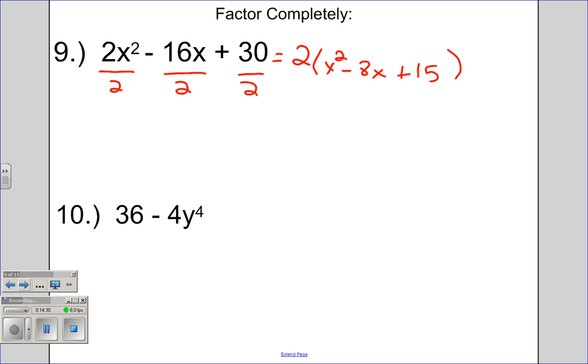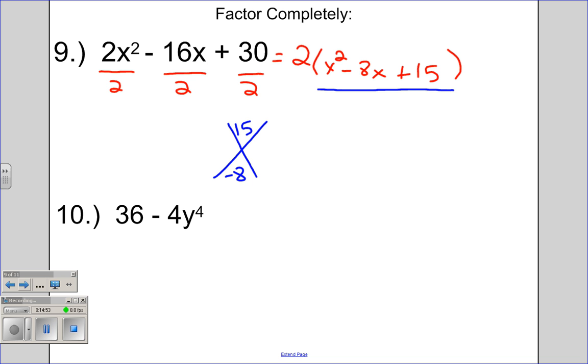Now you're going to ask yourself, x squared minus 8x plus 15. So can this be factored again? Yes. So we're going to make our x, because it's a trinomial. What does it have to multiply to give you? 15. Add up to negative 8.